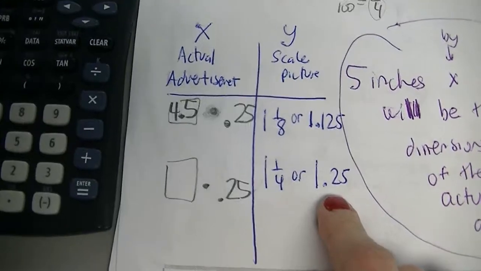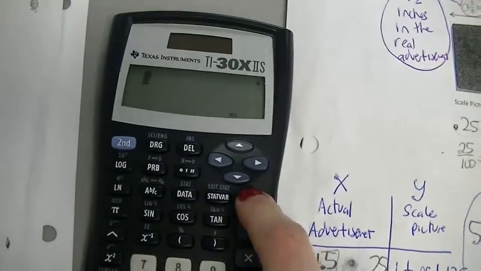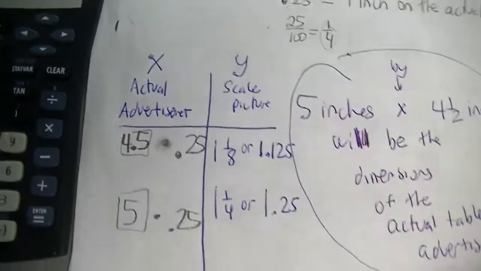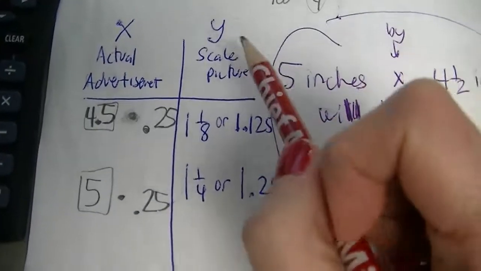And right here, I gotta go 1.25 divided by 25/100. And that is 5.